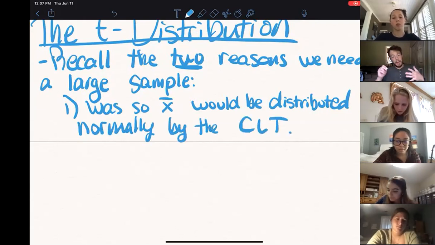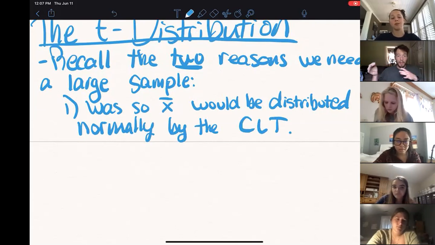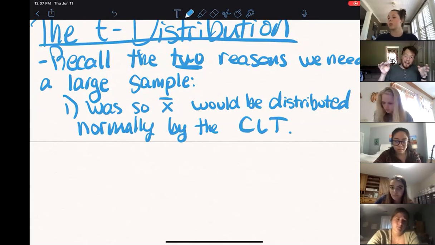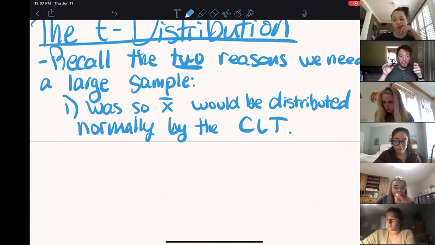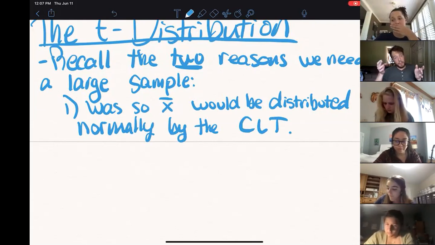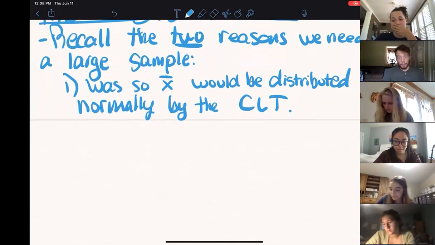This is one of our big ideas. X bar is itself a random variable. It'll change values depending on the sample that we take. And this random variable will have a normal distribution if it satisfies the various assumptions of this thing called the central limit theorem. That was a big idea of this semester. And remember, one of those assumptions was that we needed a data set that was reasonably large, which we said was greater than or equal to 30. So that was one of the two reasons we need a large sample whenever we perform inference.